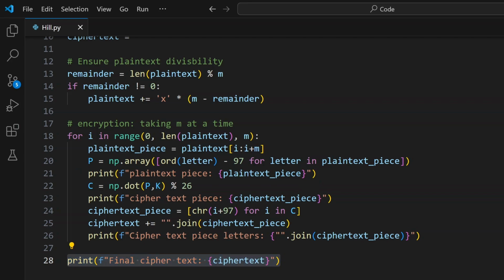So let me run this just to see what we get. And it appears we have an error. It says ciphertext piece is not defined. So where is that? Ciphertext piece is defined there. Did I misspell this? Maybe.